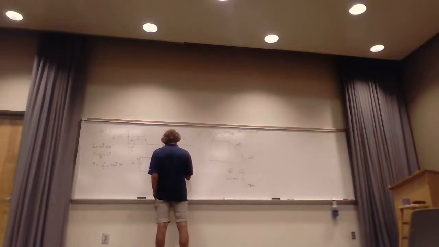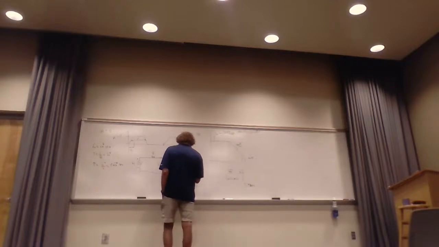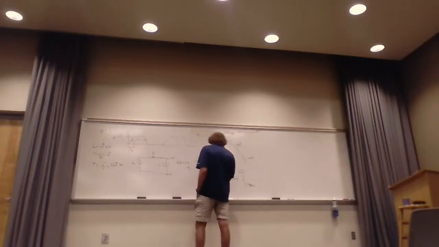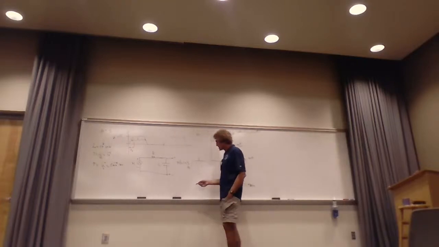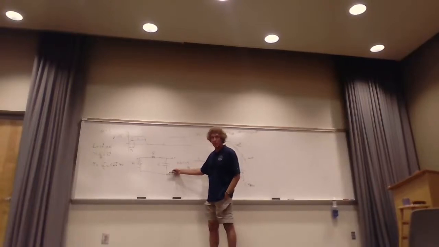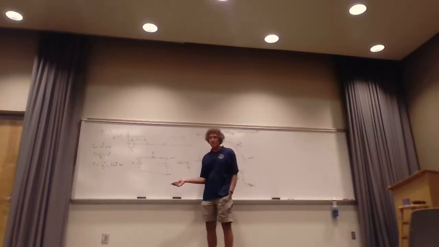So my H of omega, my transfer function, V out over V in, right here, V source, will just be, I'm going to do the whole thing to make sure everybody understands. The transfer function is really voltage division. It's the ratio of the impedance of the output over the total impedance because they're in series.